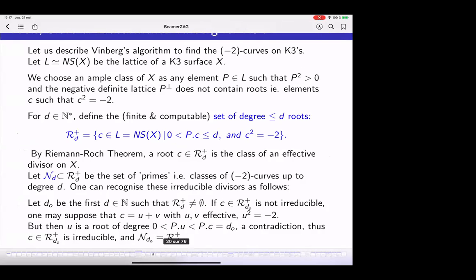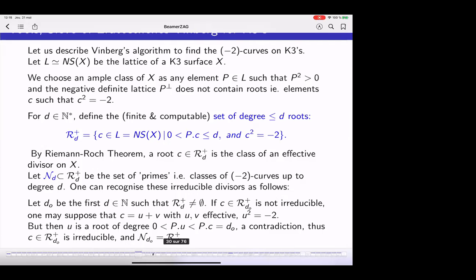And you find easily that if a class is not irreducible, then you can suppose that it splits as a sum of two curves, and one of these curves has C square equal to -2, but then that curve would have a degree less than d0, which is a contradiction.